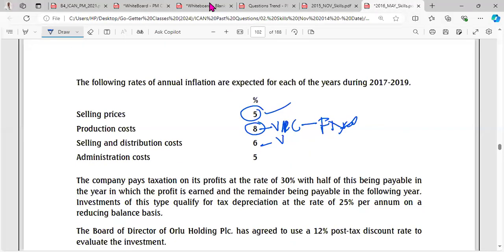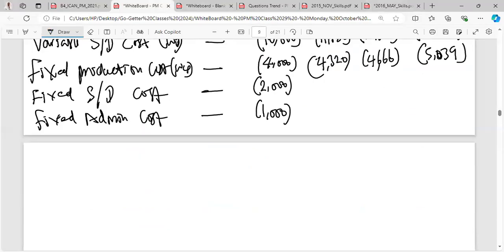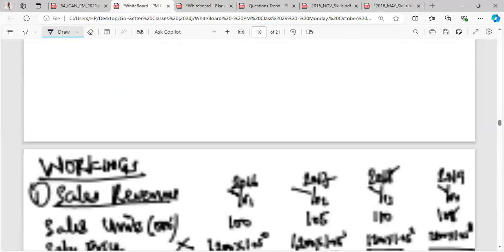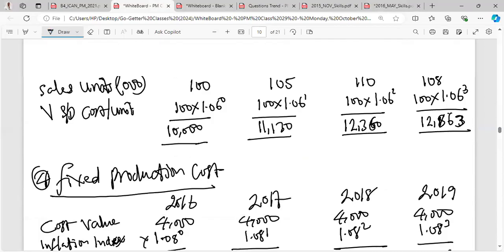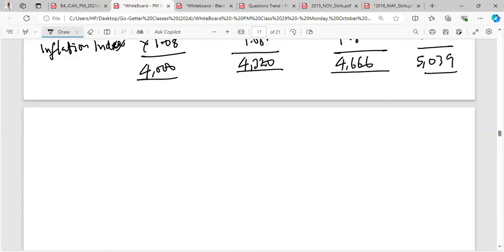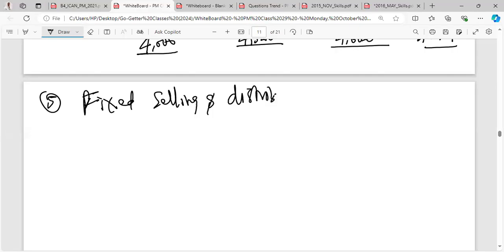So the first one is fixed selling and distribution costs. Let's try and do that. So that's workings number 4, workings number 5, and workings number 6. Workings number 5, fixed selling and distribution costs.